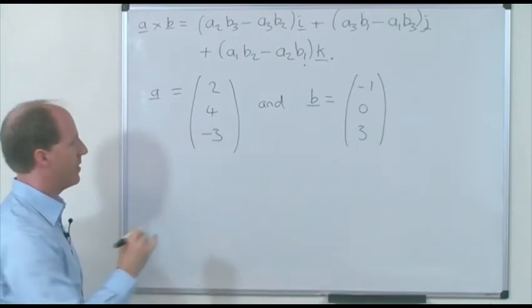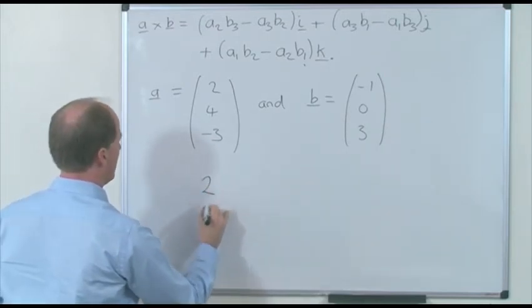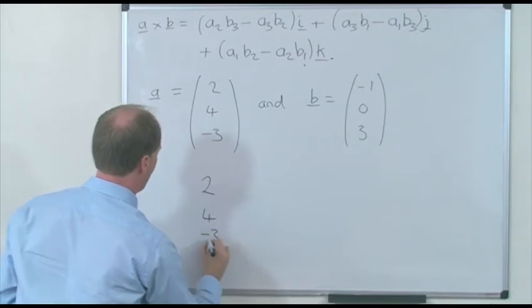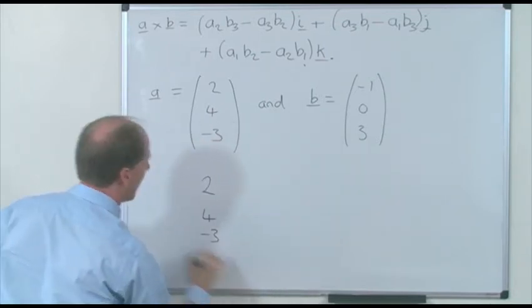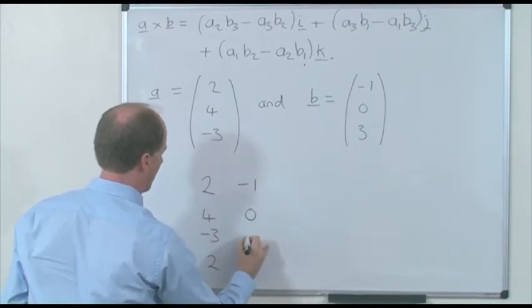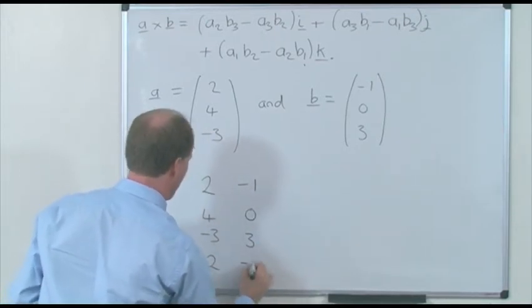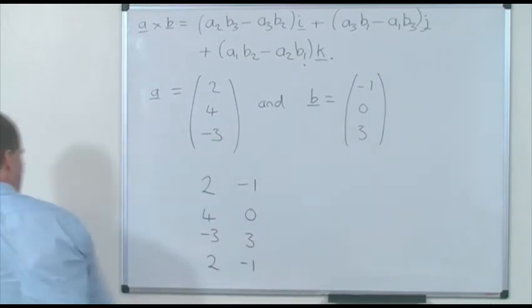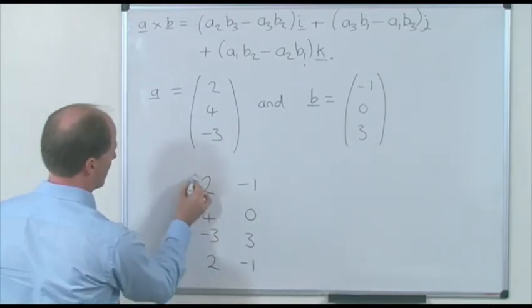So according to my method, I now write 2, 4, minus 3, and then I repeat the 2 again. And with the b, I write minus 1, 0, 3, and then I repeat the minus 1 again. And once again, I'm going to draw my diagonal lines.